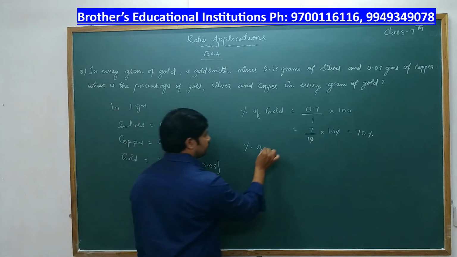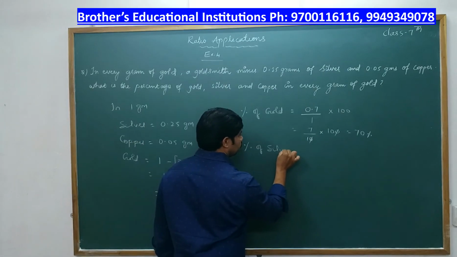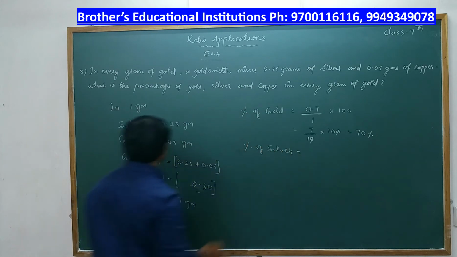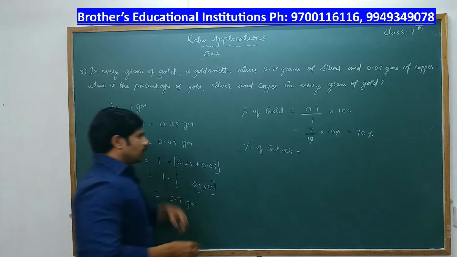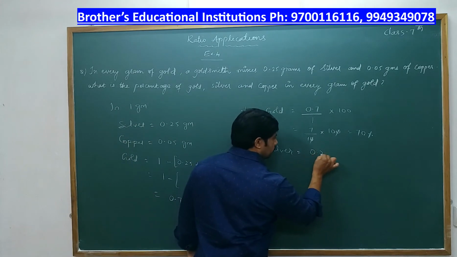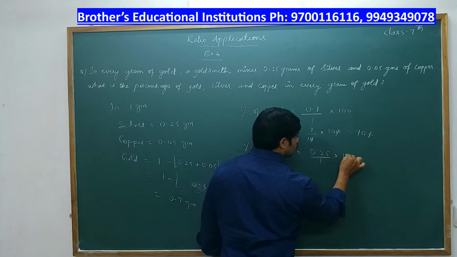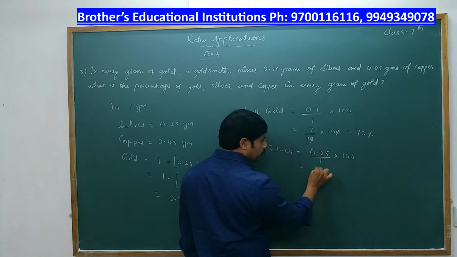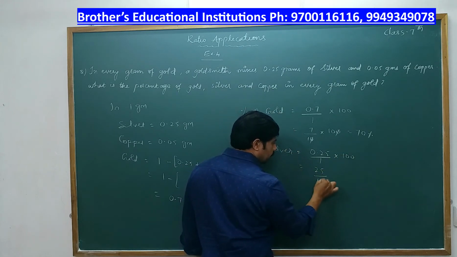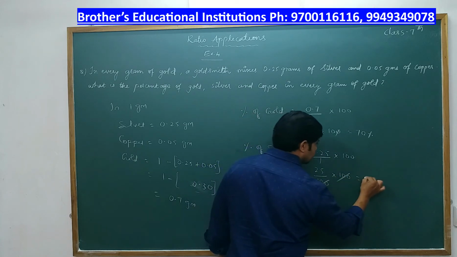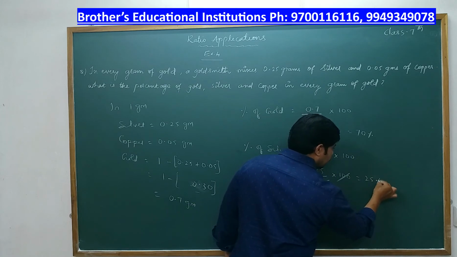Then the percentage of silver. First, we have 0.25 by 1 into 100. So 0.25 can be written as 25 by 100 into 100. 100 cancels. We get 25%.